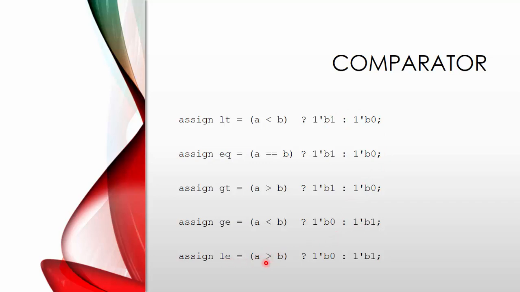We take greater than instead of less than, but we reverse the output. But of course, a more straightforward way is to actually use the greater than or equal to operation, like this.